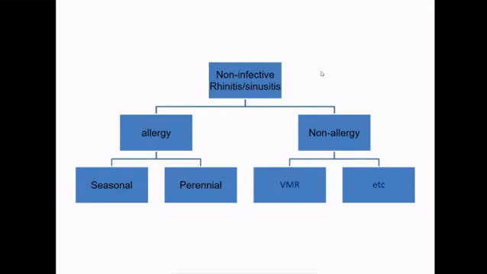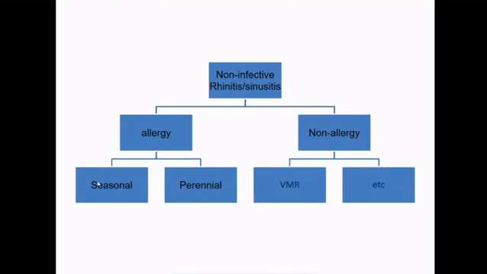Okay, we go into non-infective rhinitis or rhinosinusitis. The big one is allergy, and another one is non-allergy. I think the allergy one, if you look back at the topics that I gave you last time in year 2, can be further divided into seasonal and perennial. In our country, the perennial type of allergic rhinitis is most common.